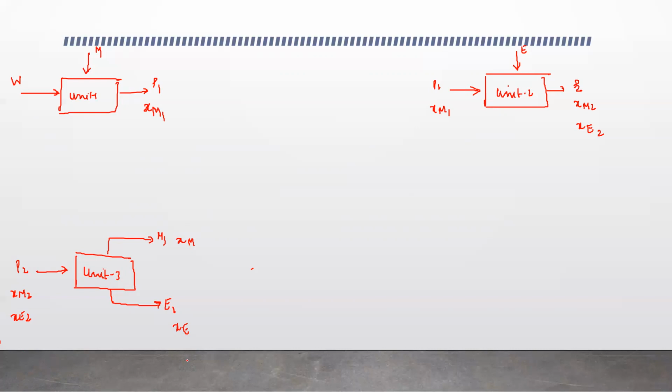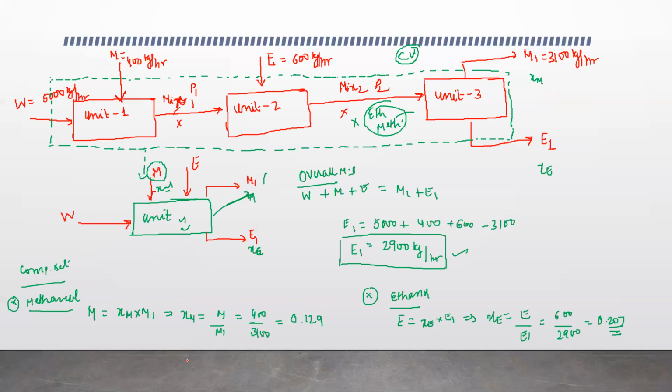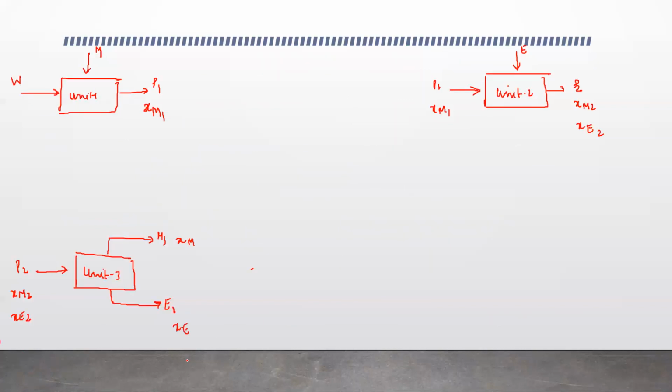From the previous problem, we have already calculated XM and XE as 0.129 and 0.207. Then we also have E1, M1, W, M, and E. Let me mention all these values.